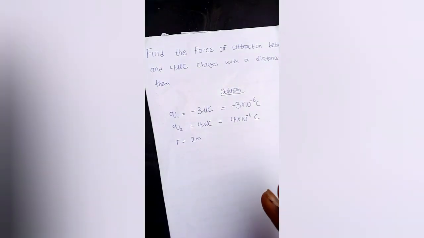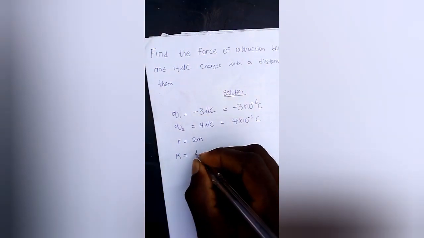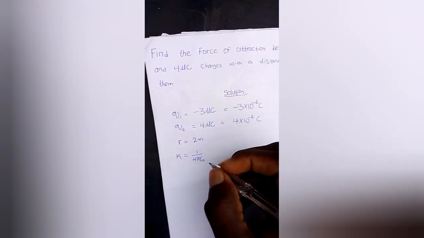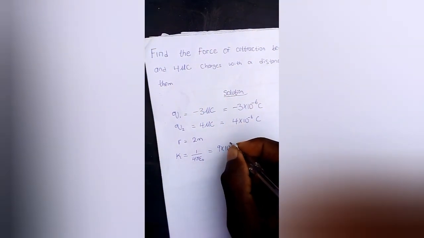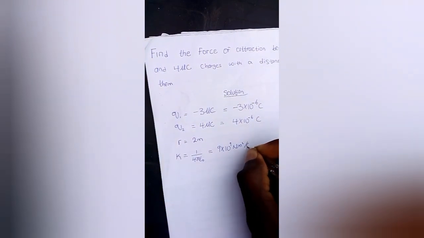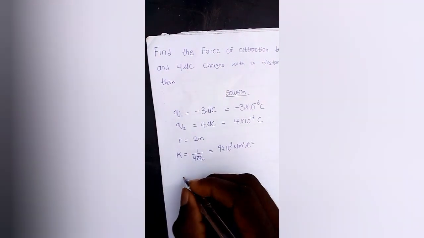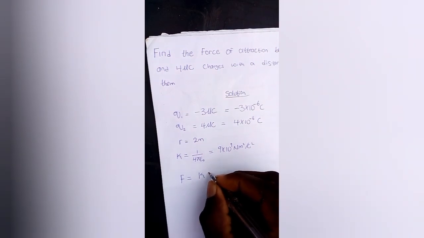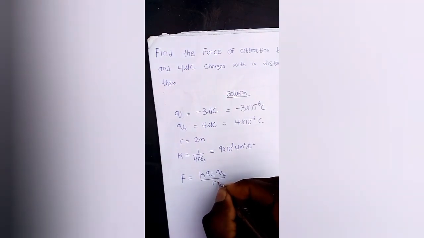We already know our constant k, which is 1 over 4 pi times the permittivity of free space, and that is equal to 9 times 10 raised to the power 9 Newton meter squared per Coulomb squared. Now Coulomb's law is F equals k times Q1 times Q2 divided by r squared.